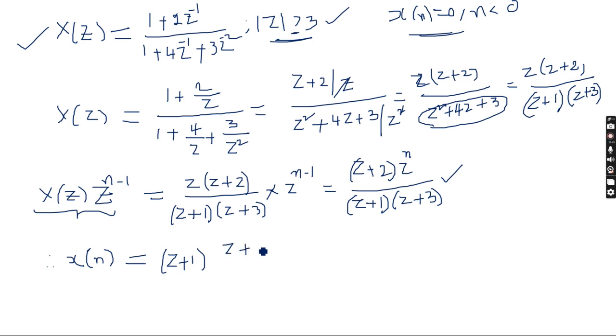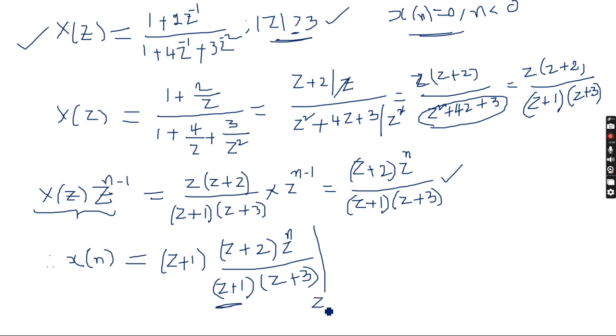That is the value of X of z into z power n minus 1, and whatever comes, you have to substitute. (z plus 2) into z power n, by (z plus 1) into (z plus 3). So the first root is z plus 1, that is, z equal to minus 1.